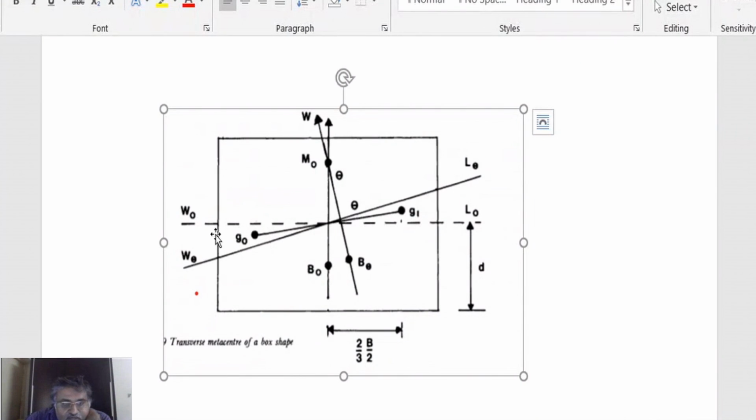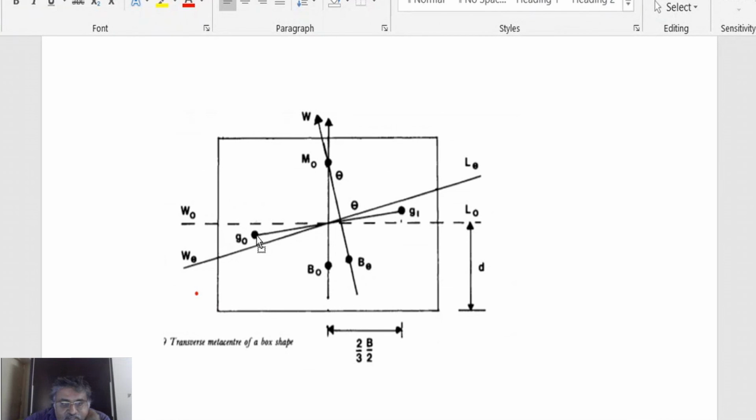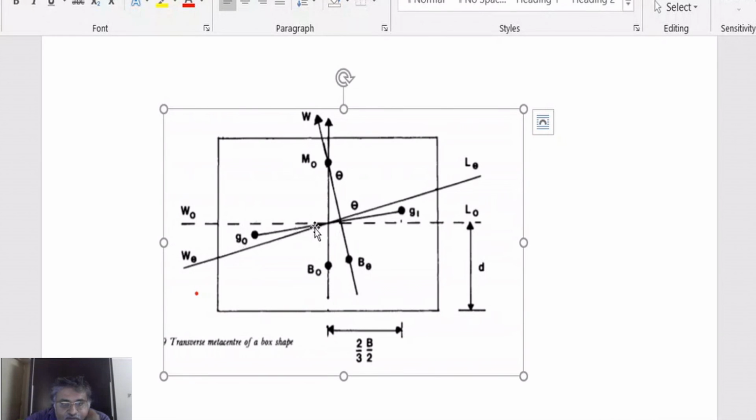This small area you see here. And then there is a volume, no? As associated distance is there. G0 is the centroid of this area or volume. Do you understand what I say? Do you know what G0 is? Actually the centroid of what?